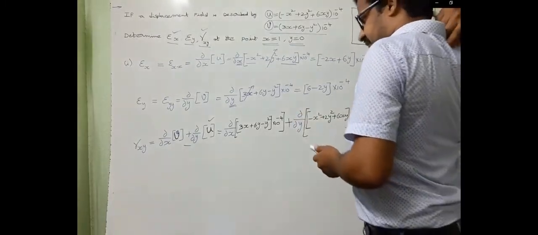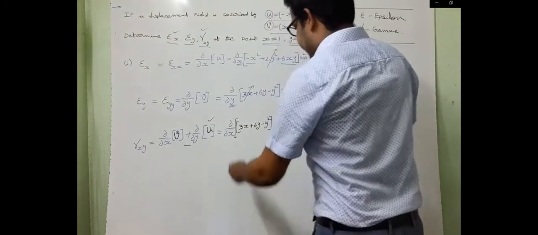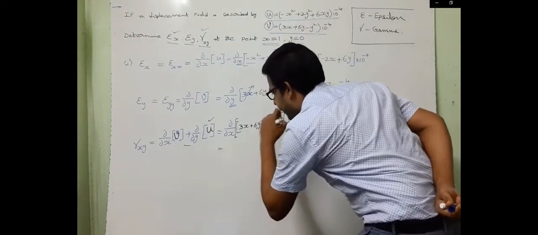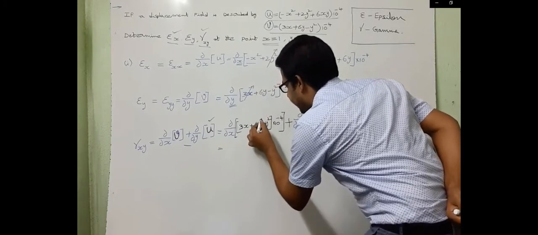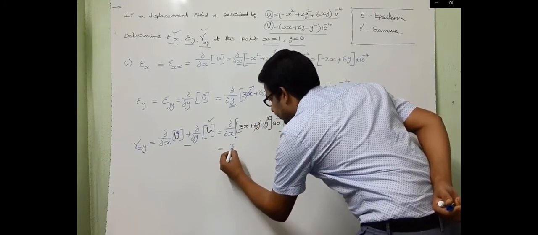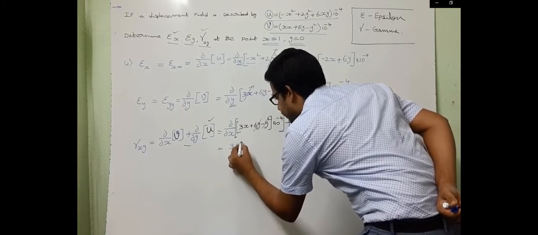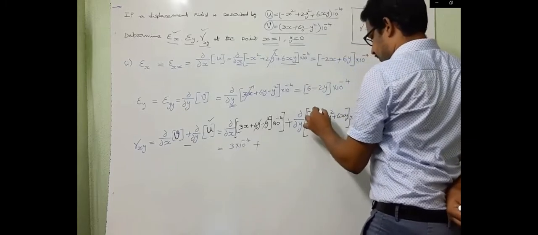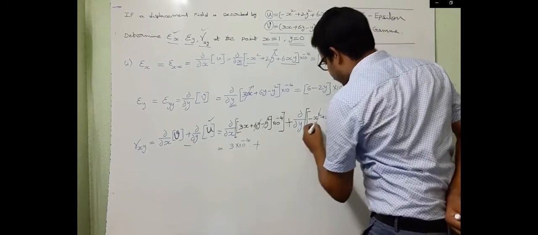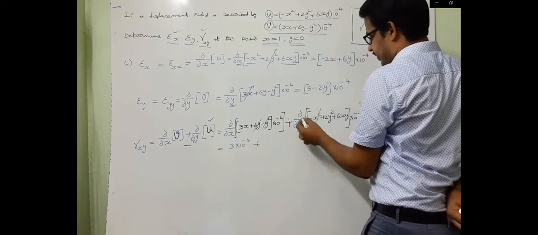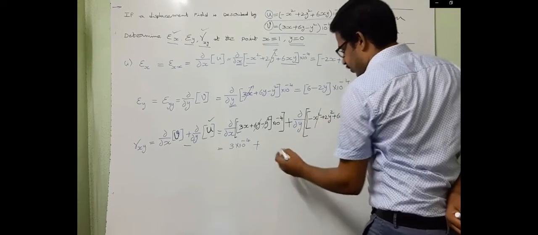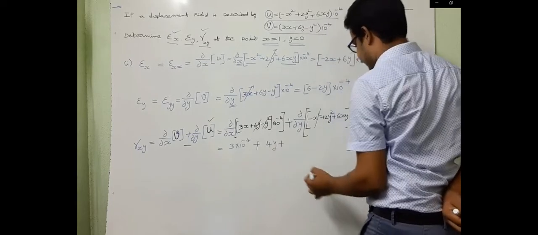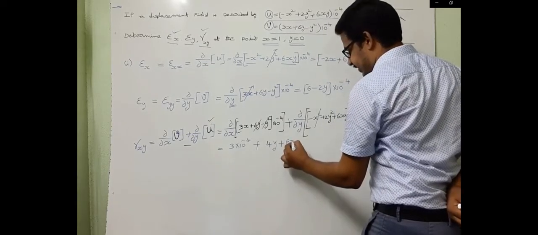Differentiating with respect to x, we get 3 into 10 power minus 4, and the y terms are 0. Differentiating with respect to y, we get 4y plus 6x.